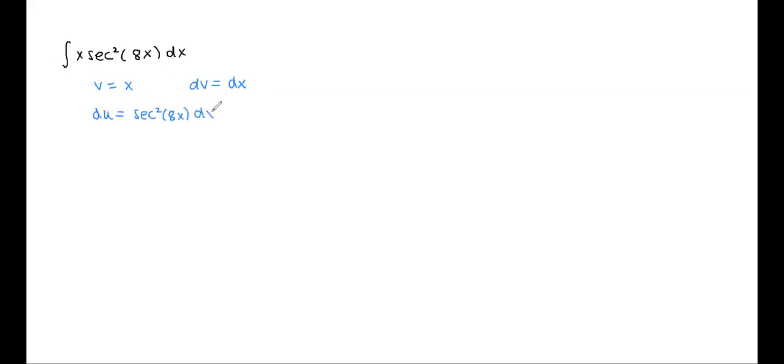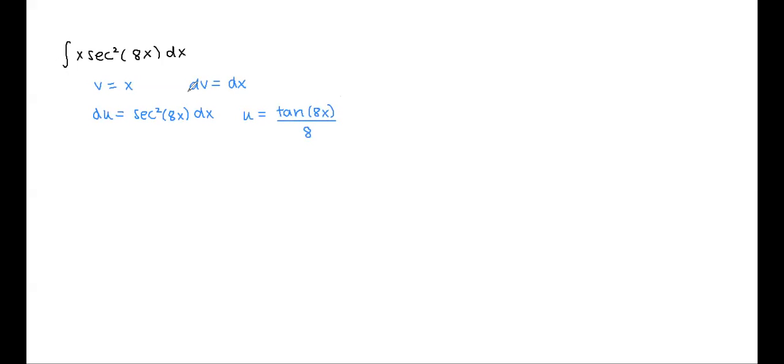Okay, that's good. Can I see who did the same thing? So v is equal to x, dv is equal to dx, du is equal to secant squared of 8x, which means that u is equal to tangent of 8x divided by 8.